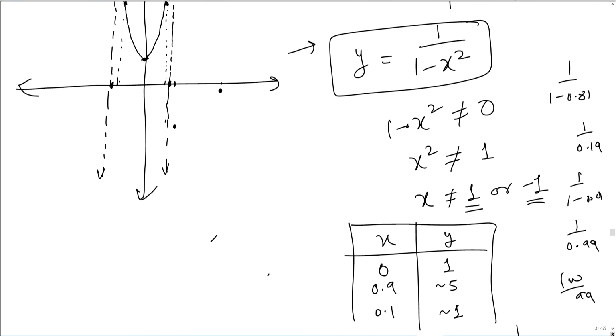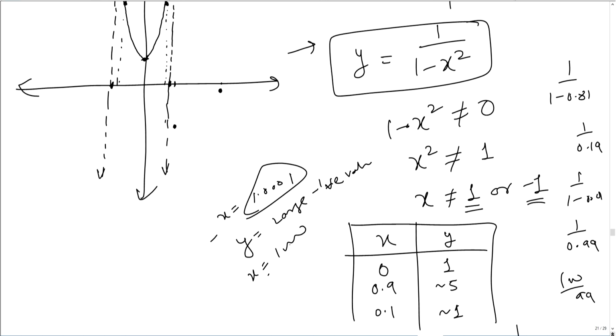As you go closer to x equals 1, but x is greater than 1, let's say something like 1.001, then the value of y would be a large negative value. And as you take a very large value of x, let's say x equals 1000, then y would be a very small negative value.